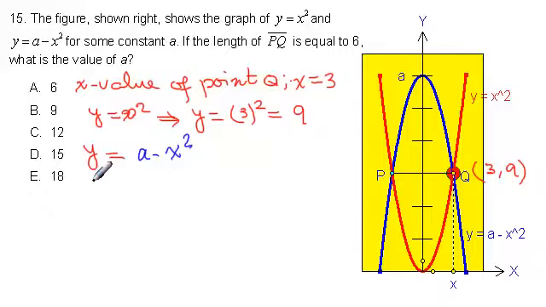I substitute the y value as 9, so 9 equal to a minus 3 squared, which gives me a minus 9.